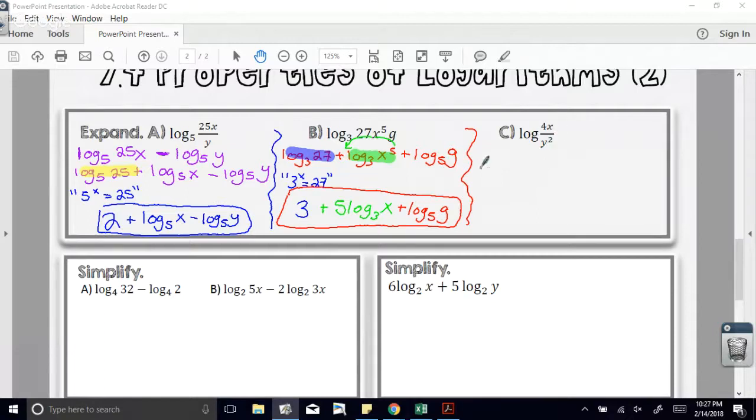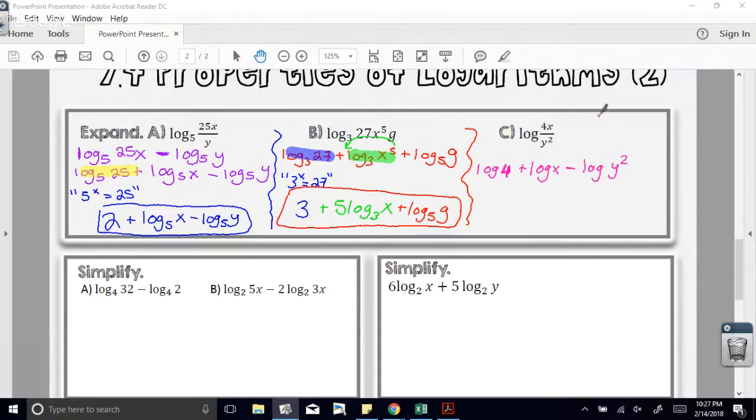So I'm going to go through this time and I'm going to say, okay, I have a log of 4, not base 4. Since we're multiplying by x, I'm going to put a plus log of x. And since we're dividing, I'm going to put a minus the log of y to the second.